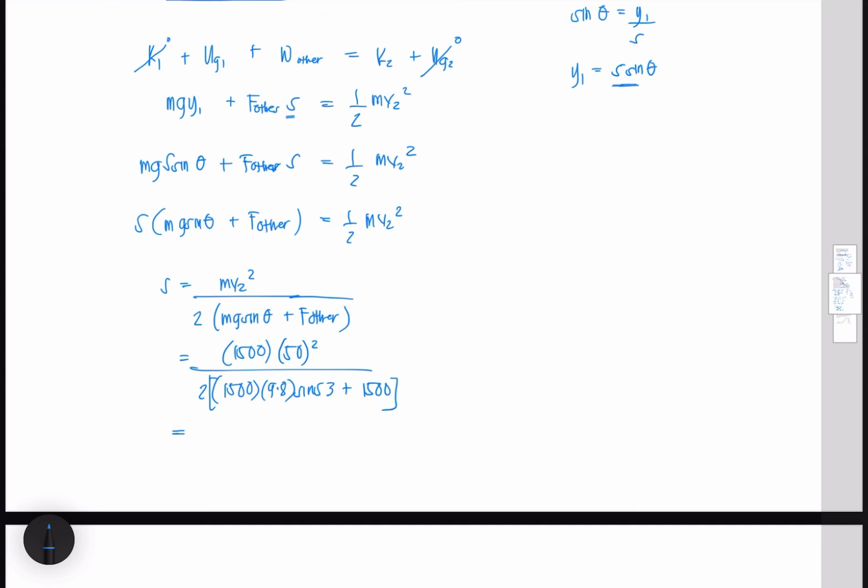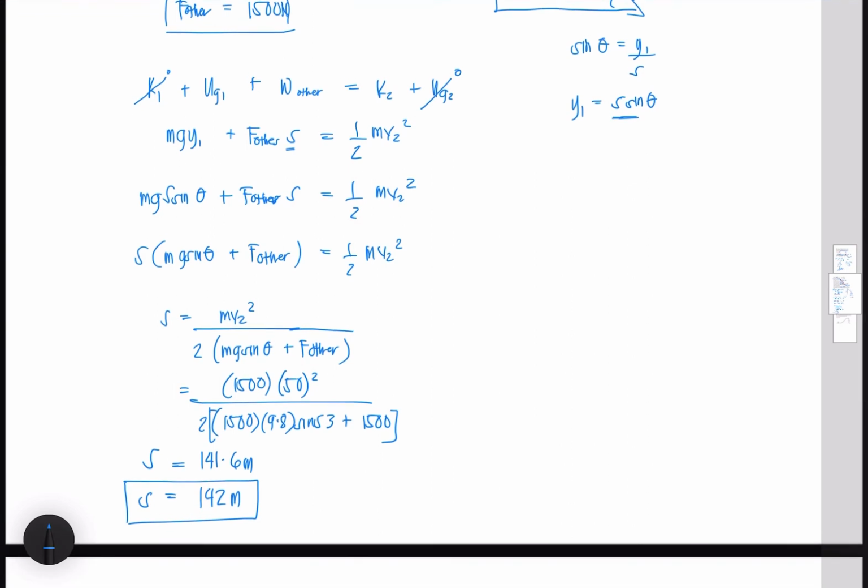Okay, and so if you're going to solve for that, we would have the value for S as 141.6 meters, or S is equal to 142 meters. Okay, so there, meaning the rocket, for it to be able to be launched at 50 meters per second from the bottom of the ramp, the ramp should be at least 142 meters. Okay, that's for the second problem.